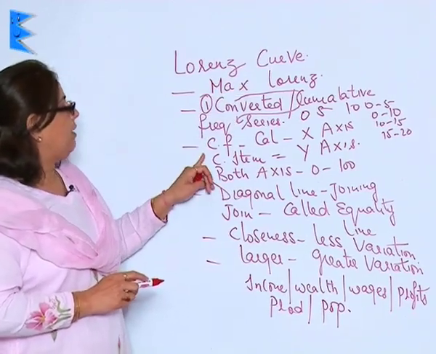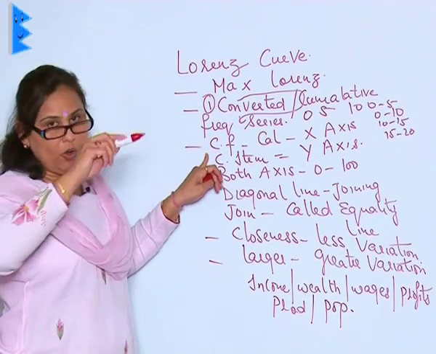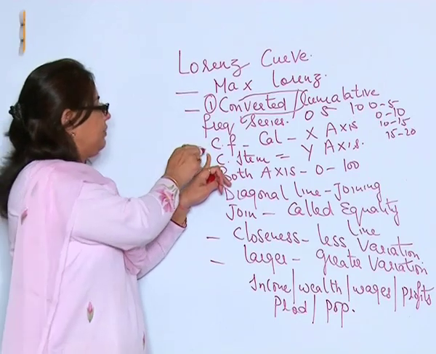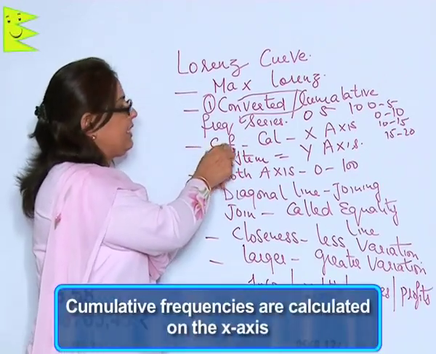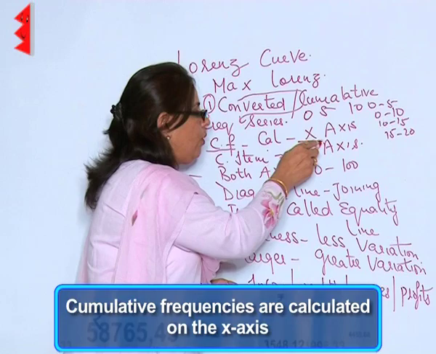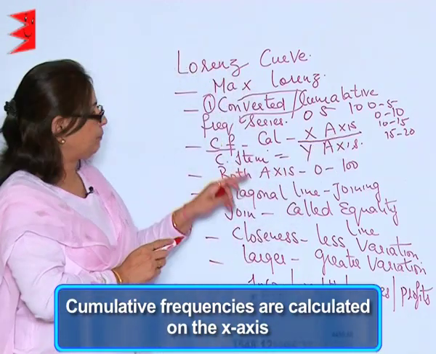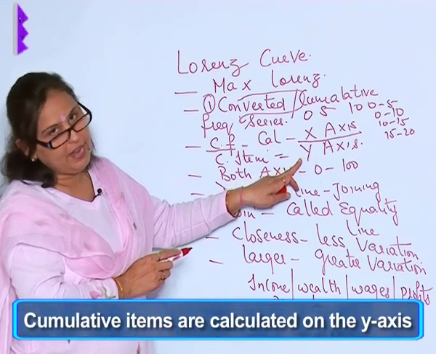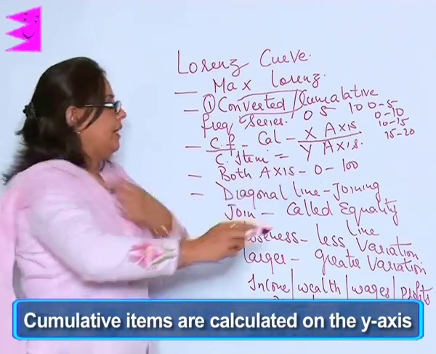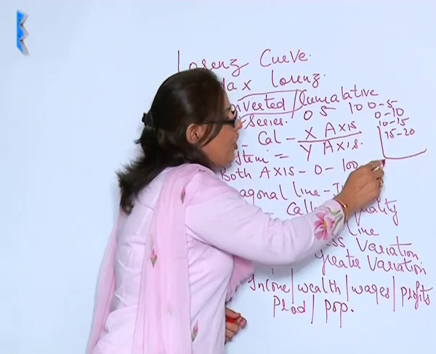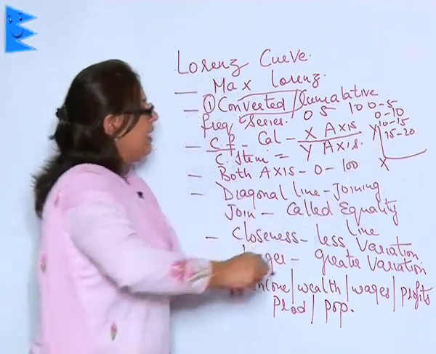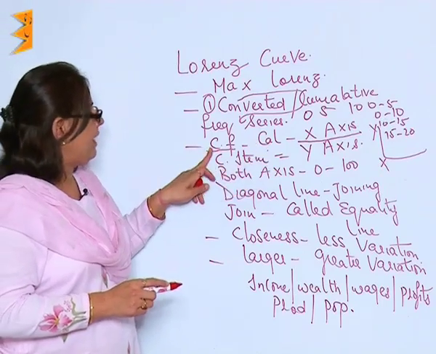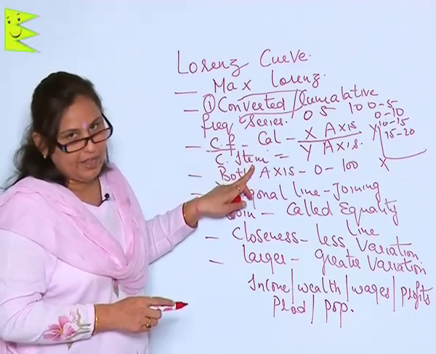After this, we draw this on the graph that we have, that is, the cumulative frequencies are calculated on the x-axis and the cumulative items are calculated on the y-axis, which means the graph shall be shown with x and y axes, indicating both the cumulative frequency and the cumulative items.